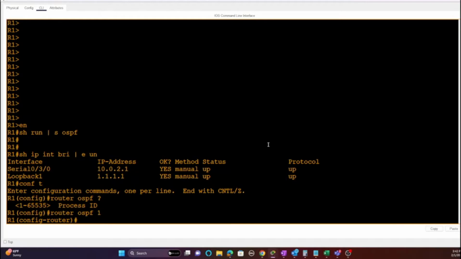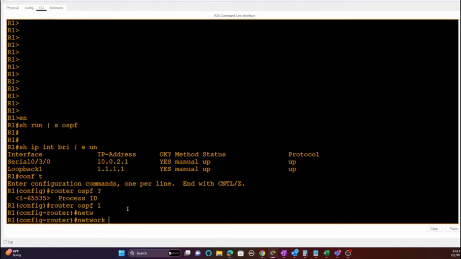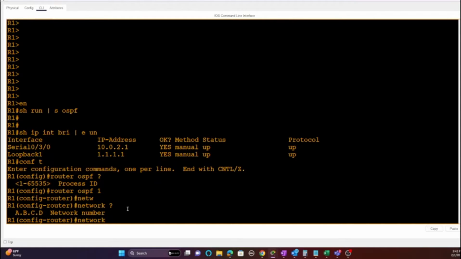Then you're going to put the networks that you want to advertise. You want to advertise this network because that's a network that you're directly connected to on your router, and you want other routers that are running OSPF to know about it. So to advertise that, you're going to go network, and then it's asking you what network, 10.0.2.0. And then this uses a wildcard mask instead of a subnet mask.